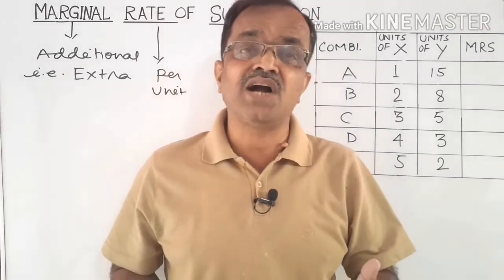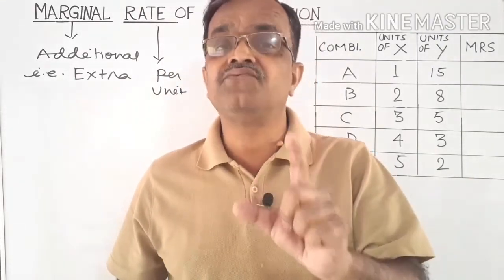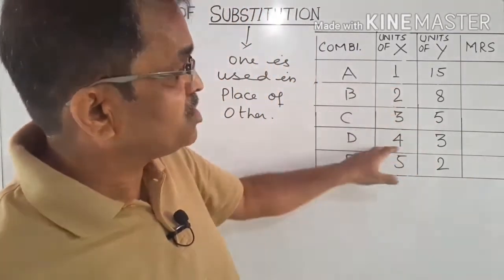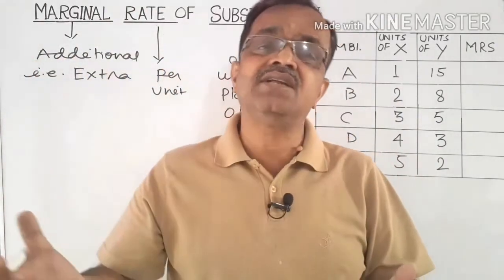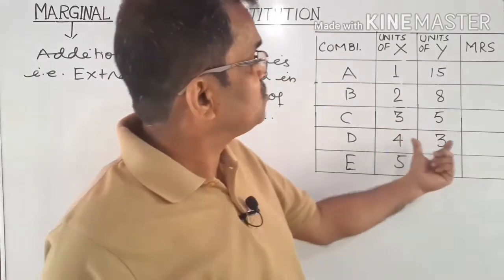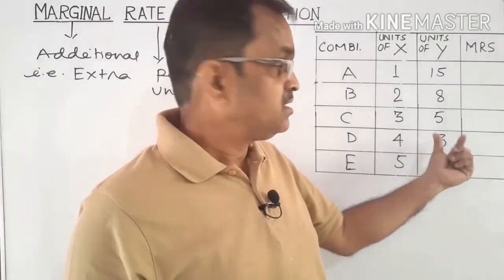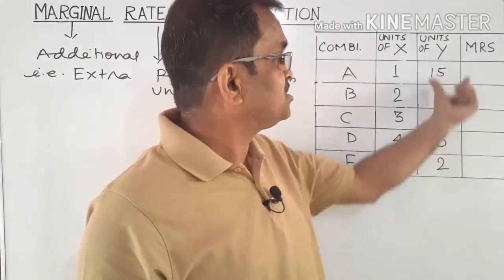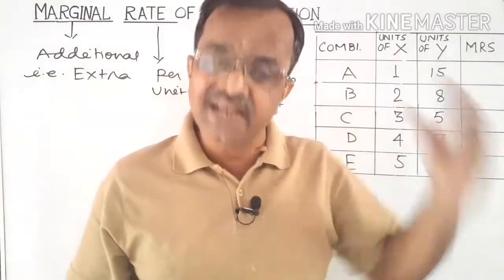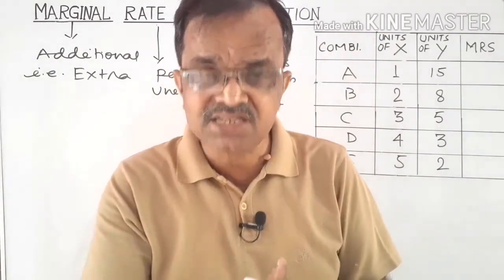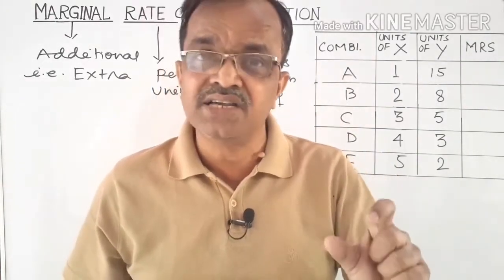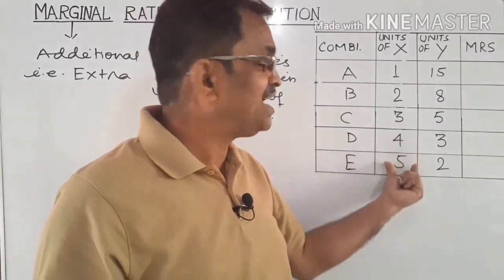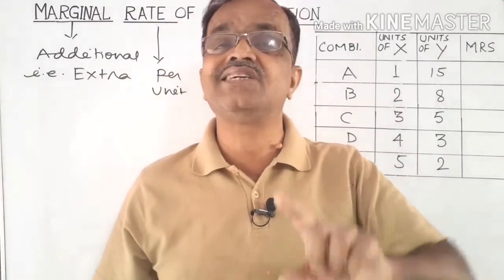If the consumer wants to consume more of one commodity, let it be commodity X here, then the consumer has to withdraw certain amount of money from the consumption of commodity Y. That is, certain units of commodity Y have to be sacrificed to consume every additional unit of commodity X.